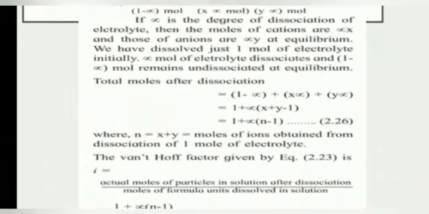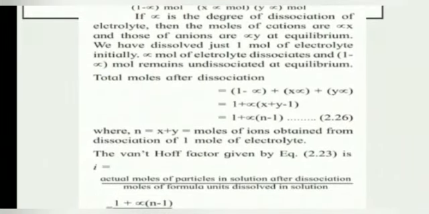Now we have dissolved just 1 mole of electrolyte initially. Here alpha moles of electrolyte dissociate, that means 1 minus alpha mole will remain undissociated at the equilibrium because it is a weak electrolyte. So here 1 minus alpha will remain in the solution.